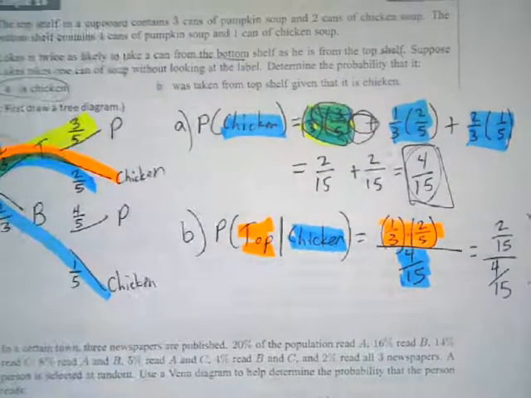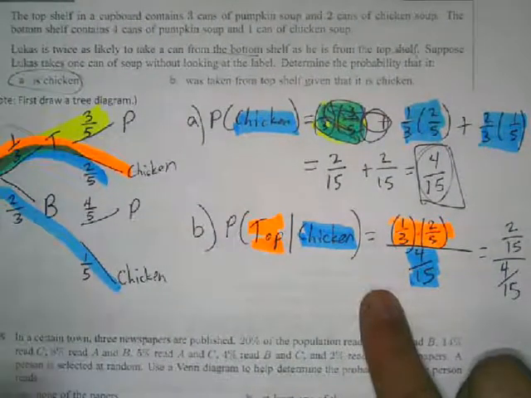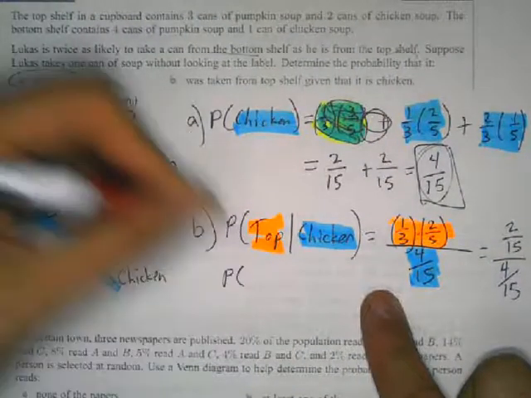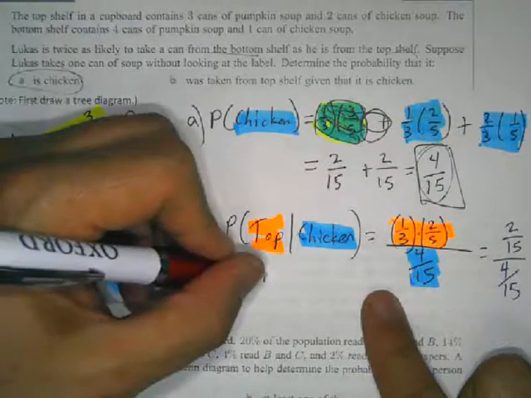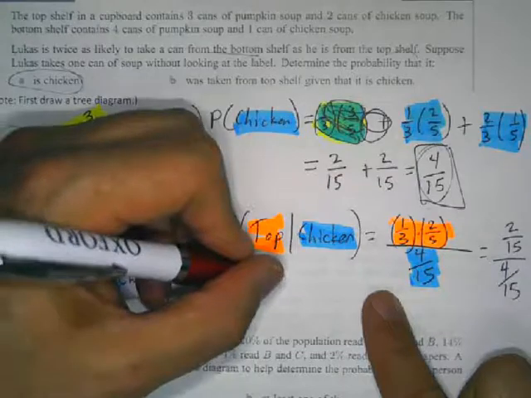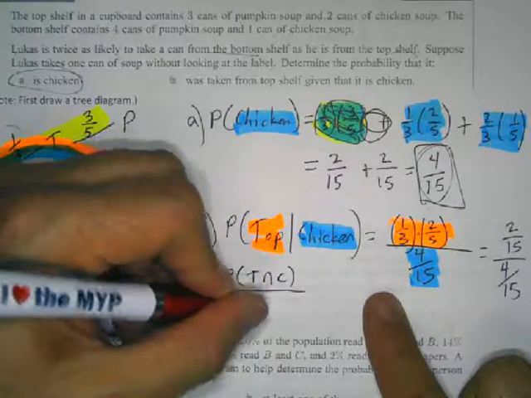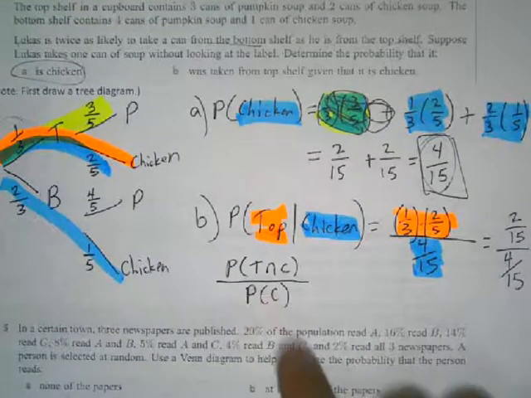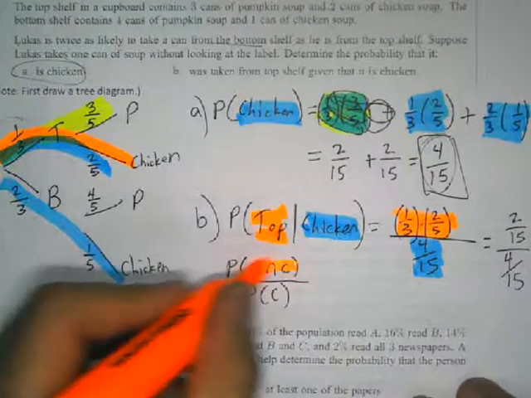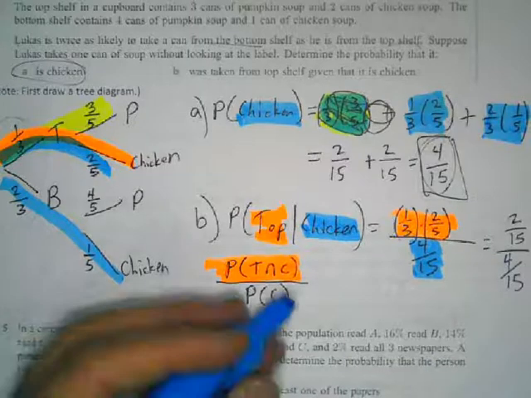And so you might want to think of it this way. This is the probability of the intersection of top and chicken, and my denominator is the probability of chicken.